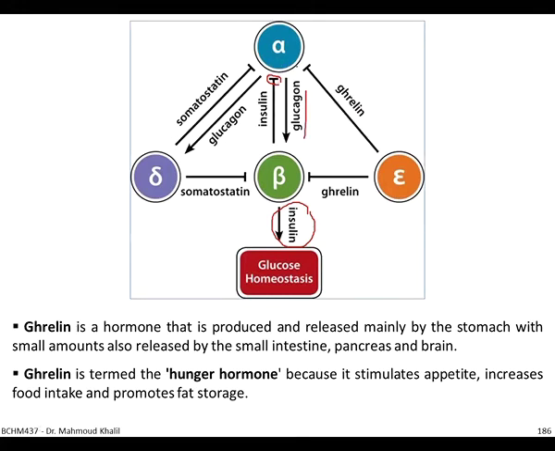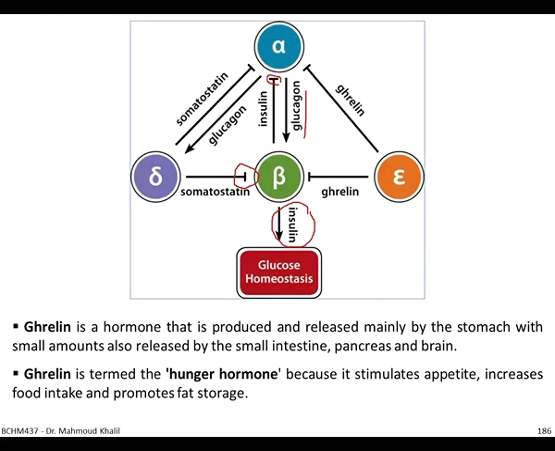Actually, the alpha cells secreting hormone will also affect the beta cells of the pancreas. You can see that the alpha cells normally secrete glucagon to activate the delta cells that secrete somatostatin, which inhibits the beta cells.